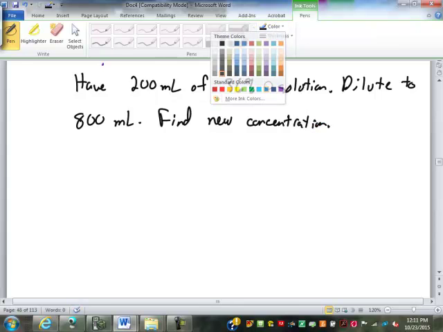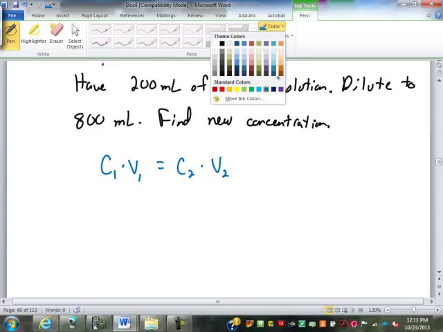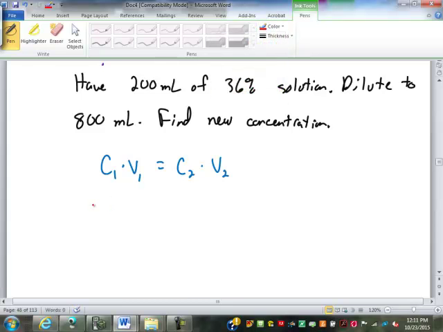Well, we could go through all those dilutions to do it, but all we really need to do is this. Concentration 1 times volume 1 equals concentration 2 times volume 2. So we have 36% times 200 milliliters equals that new concentration times 800 milliliters.